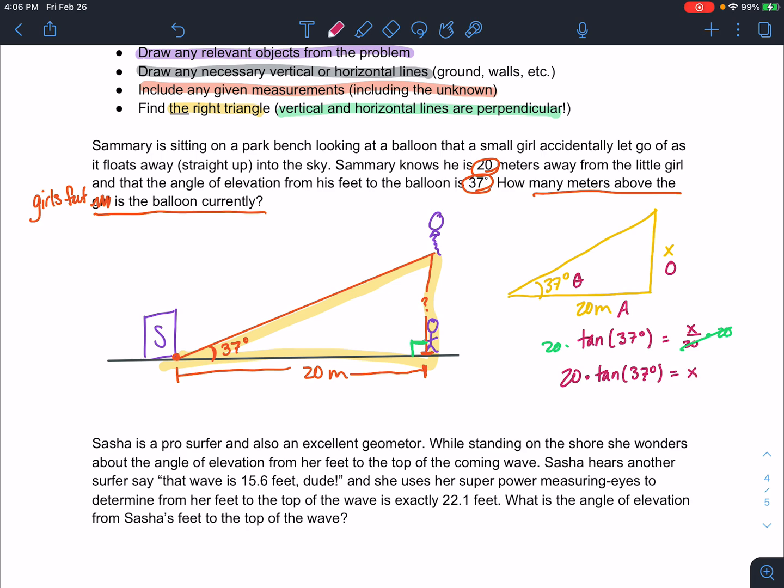Or, if you put that into a calculator to find the exact answer, 20 times tangent 37, x is approximately equal to 15.07. And then don't forget to include the units. So 15.07 meters in this case.